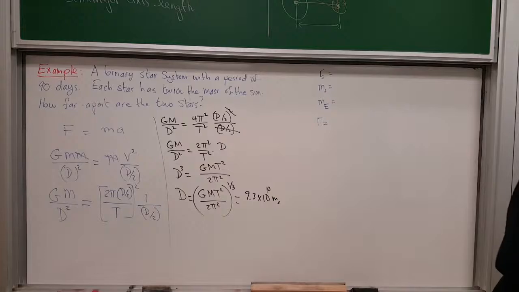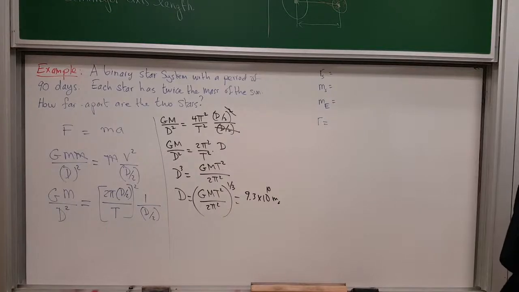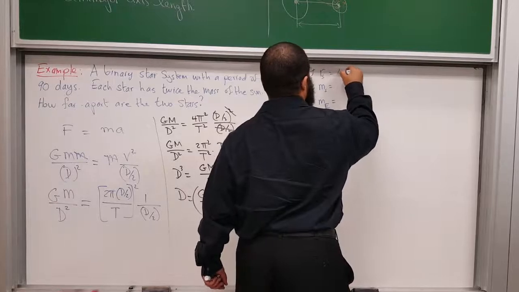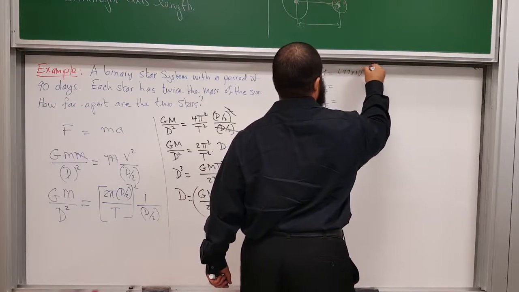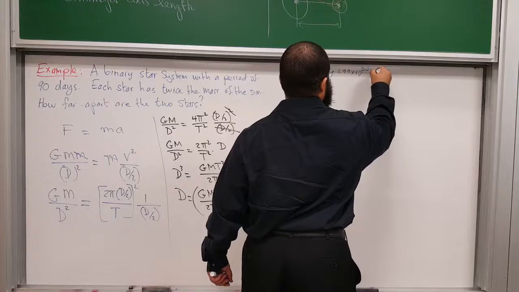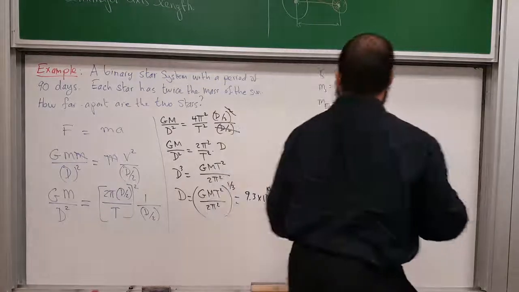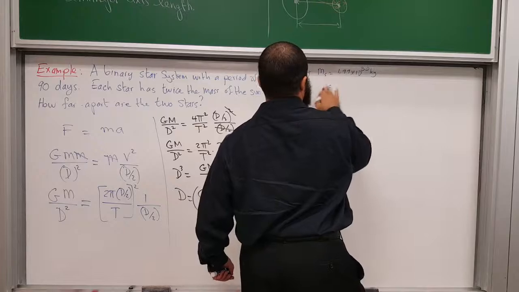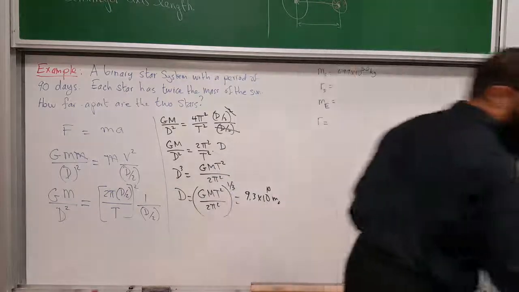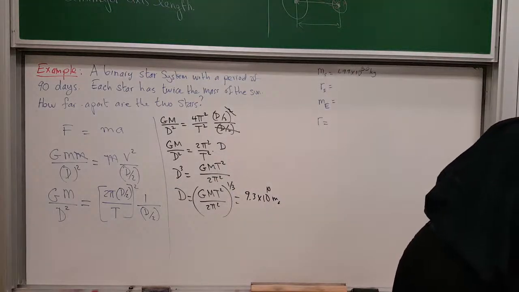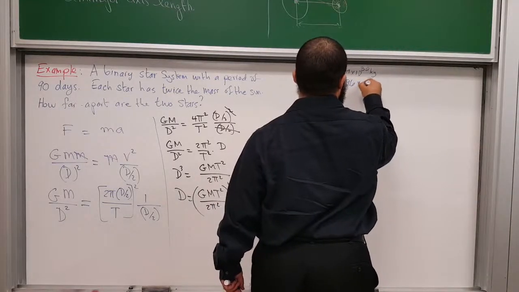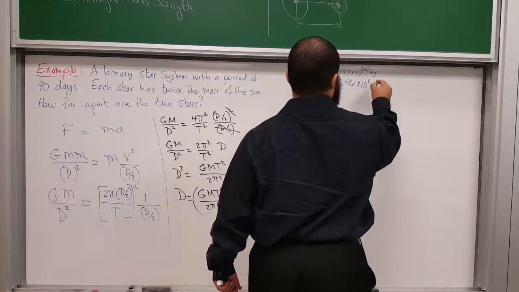The mass of the Sun is about 2 times 10 to the 30th, 1.99 times 10 to the 30th kilograms. The radius of the Sun is 6.96 times 10 to the 8th power meters.